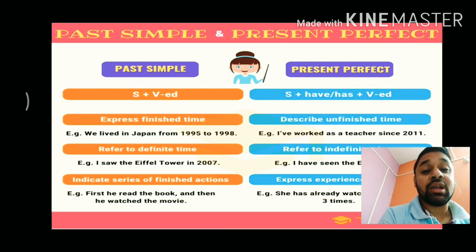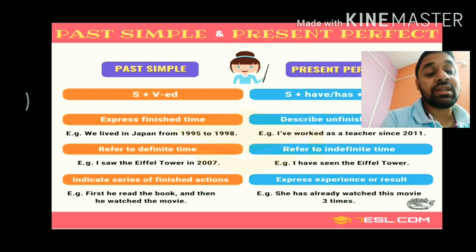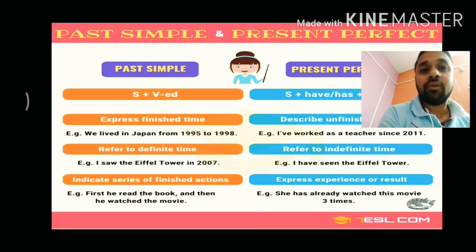Simple past refers to definite time. I saw the Eiffel Tower in 2007 gives you the definite time, and here present perfect refers to indefinite time, I have seen the Eiffel Tower. Simple past indicates a series of finished actions, and present perfect expresses experience or result.